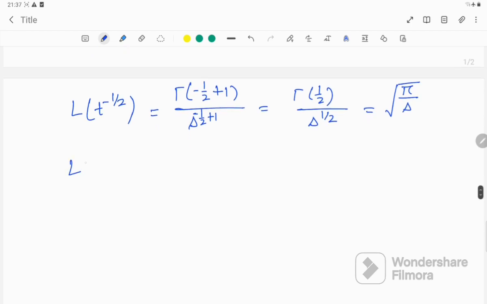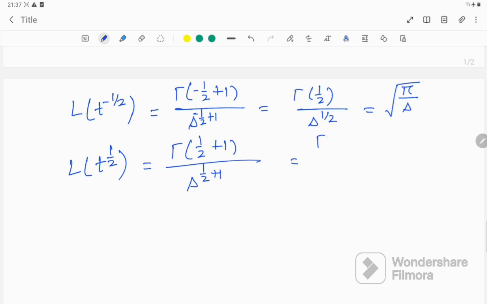Now if we want to carry out the Laplace transformation of a function like t to the power half, like root t, then what will happen? So n is equal to half here. So gamma half plus 1 and s to the power half plus 1. So this is gamma 3 by 2 divided by s to the power 3 by 2.